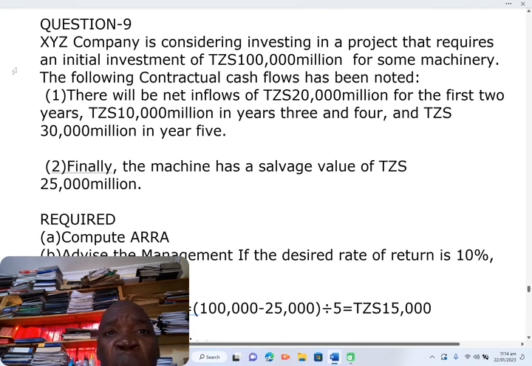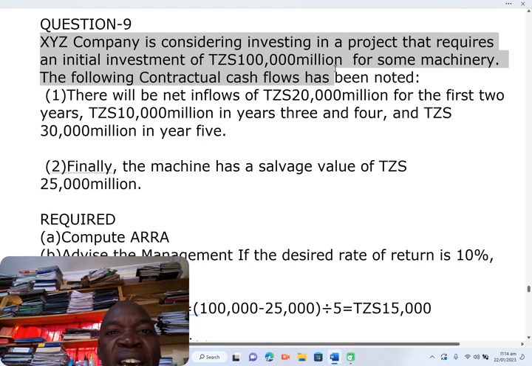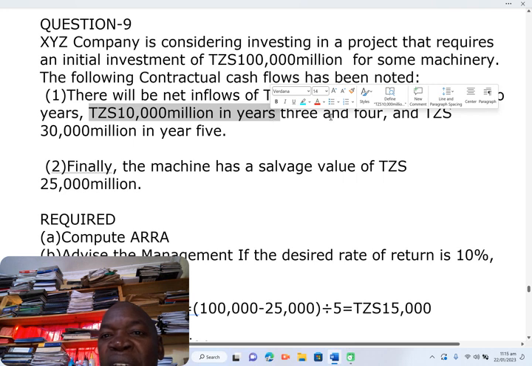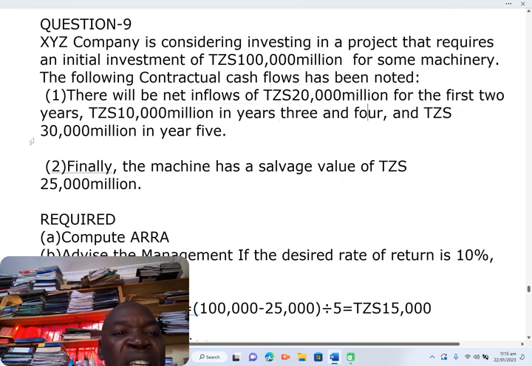Number 8. The XYZ company is considering investing in a project that requires an initial investment of 100 million for some machine. The following contractual cash flow has been noted. There will be a net inflow of this one for the first 2 years, and this one in year 3 and 4, then this one in year 5.